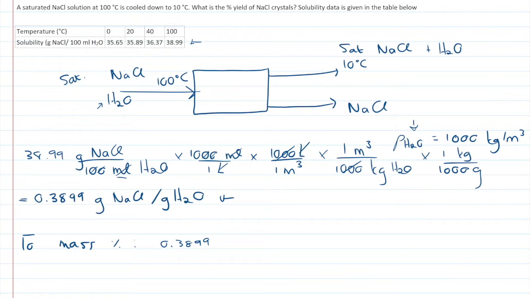So that is the fraction of sodium chloride over the total, which is then 0.3899 over 1 plus 0.3899. And then we multiply it by 100 for percentage. Our percentage sodium chloride in the saturated solution at 100 degrees Celsius is 28.05%. And we can then add this to our flow diagram.